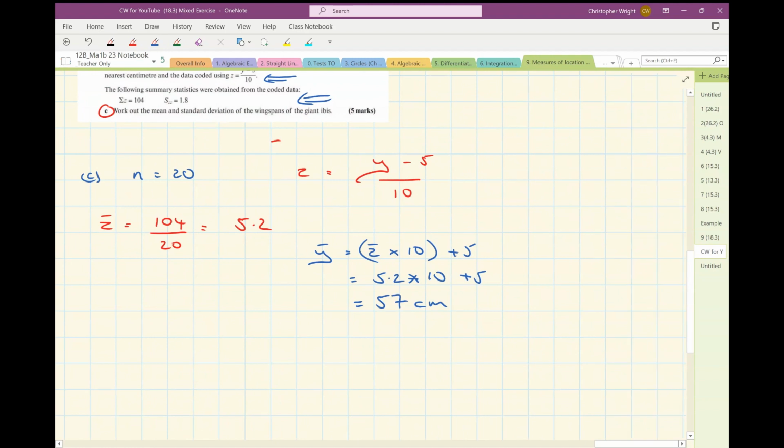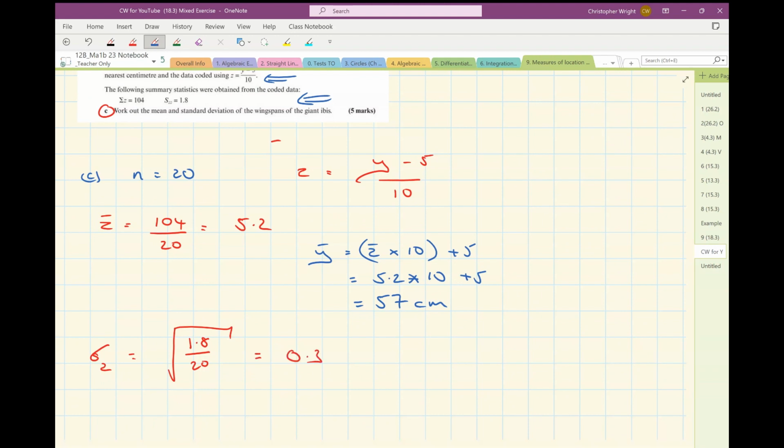Right, we've got to work out the standard deviation of the actual data, the standard deviation of Y. So let's work out the standard deviation of Z. That's going to be the square root of the summary statistic over n. Well, n is 20, isn't it? So the square root of 1.8 over 20 gives me a standard deviation of 0.3.